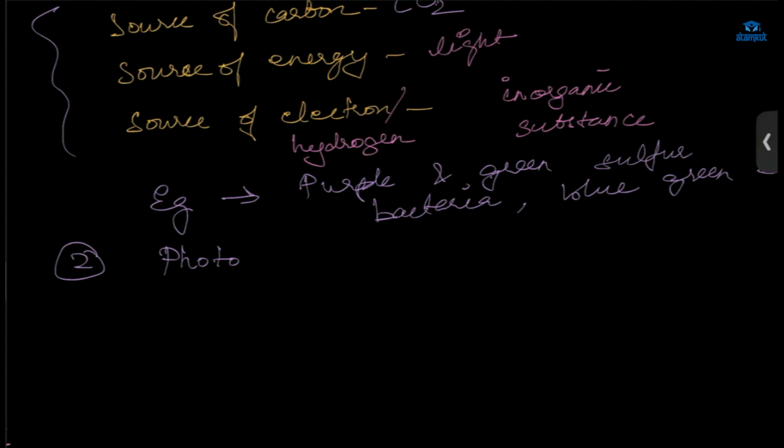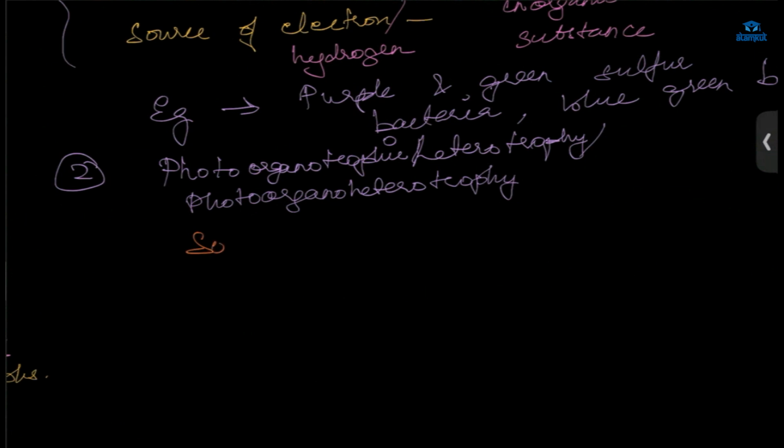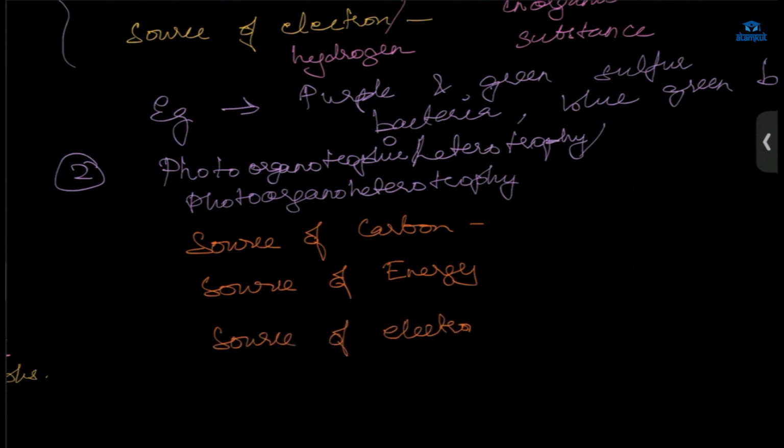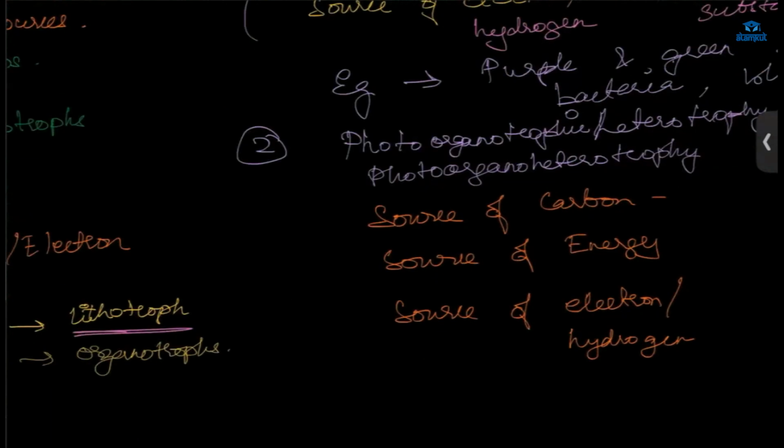All right: photoorganotrophic heterotrophy, or photoorganoheterotrophy. Source of carbon, source of energy, source of electron. The source of carbon would be carbon dioxide only, right? Why? Is autotroph given anywhere?